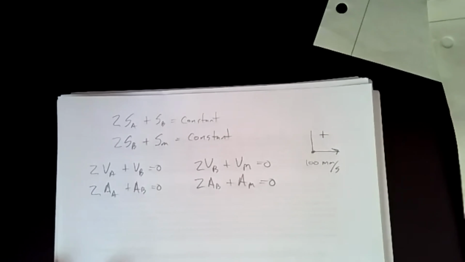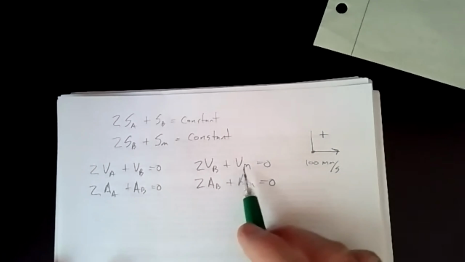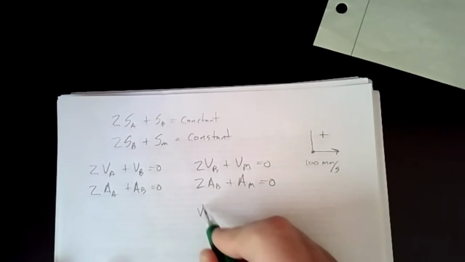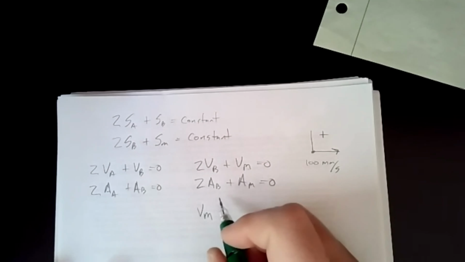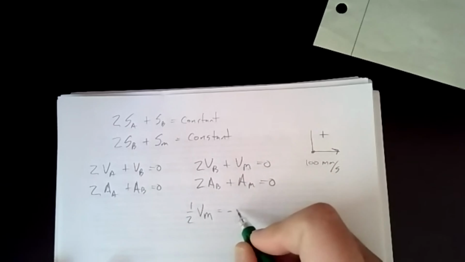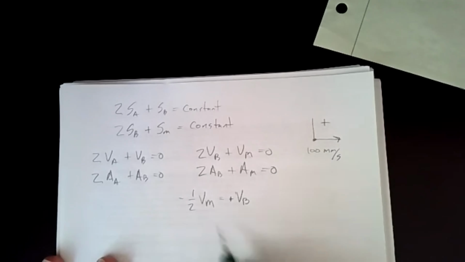And so we're asked to find, first off, VA and VB, the velocity of A and velocity of B. Well, we're going to have to start with this equation here, because we know that's 100 millimeters per second. So we know that negative half VM equals VB.